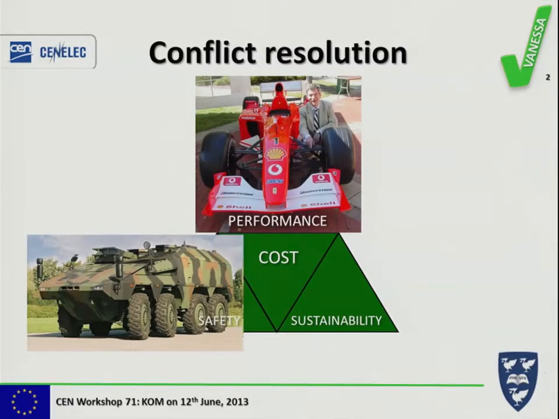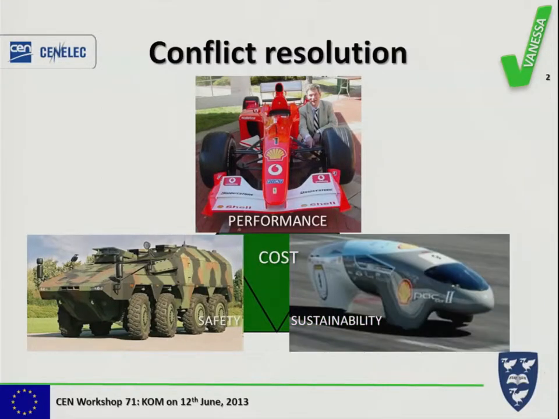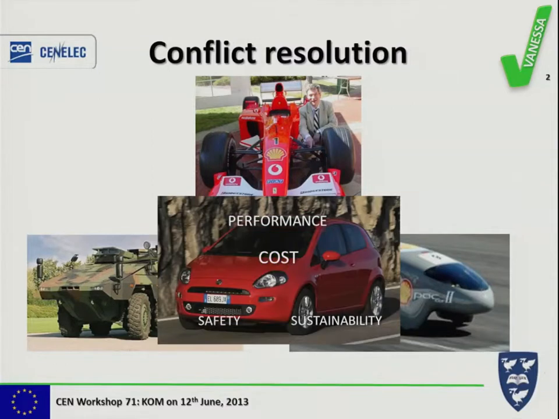And then as we get older still and begin to get some grey hairs, then we start to think about the long-term future and preserving the environment for our grandchildren. And so the sort of performance that this Shell pack car has in doing many hundreds of miles per gallon is what we're looking for. And so as engineers, we end up with a compromise that might look something like this, the Fiat Punto.